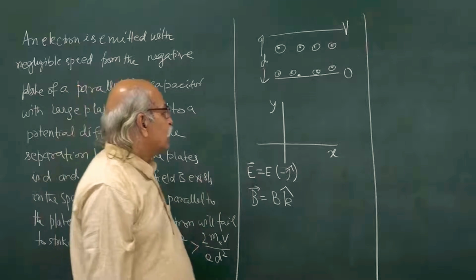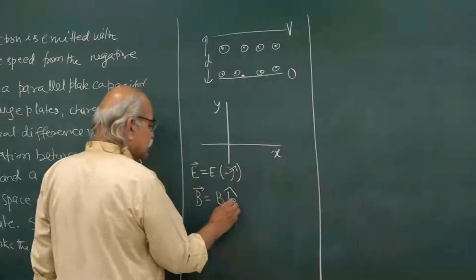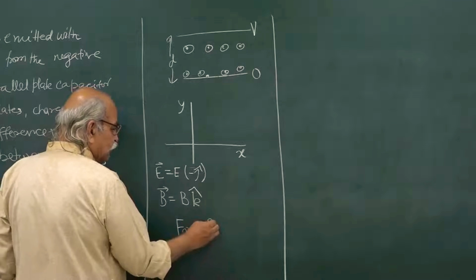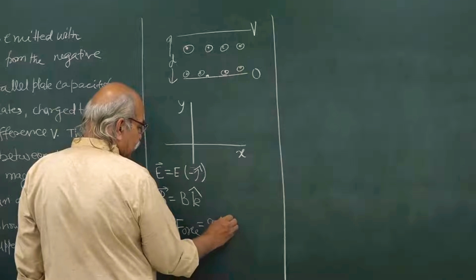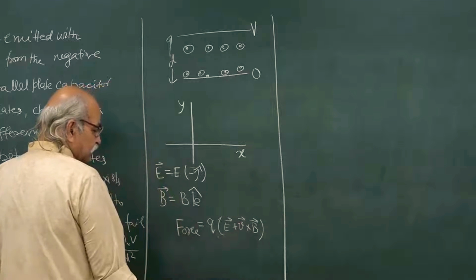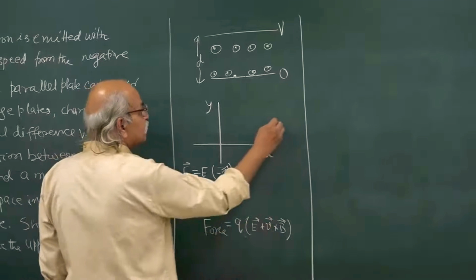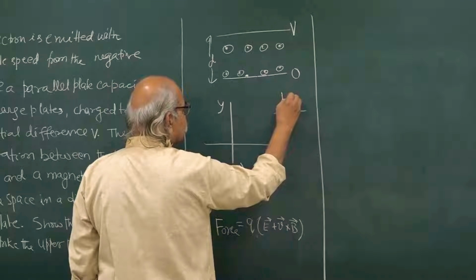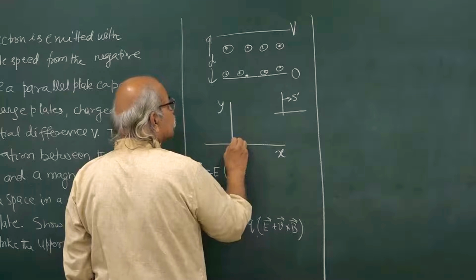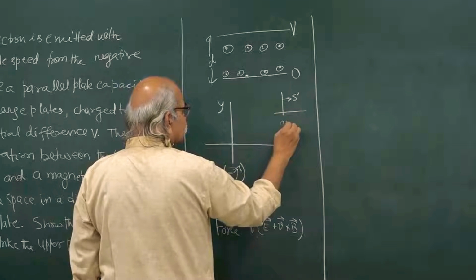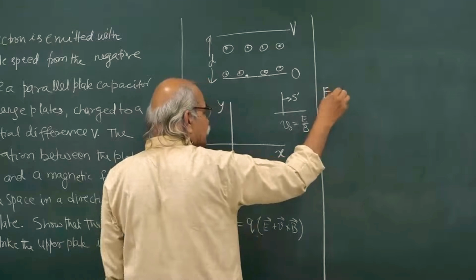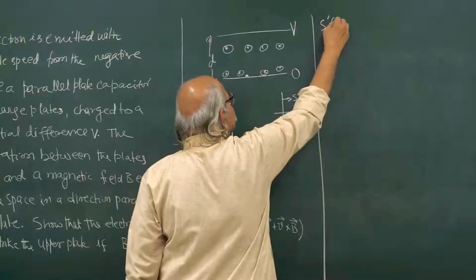So, if I write the force here, the force is Q times E plus V cross B. And if I take a frame S prime, which is moving in this lab frame at a certain velocity, which is V naught equal to E by B, the force here in Galilean transformation does not change. So, this is from the S prime frame.